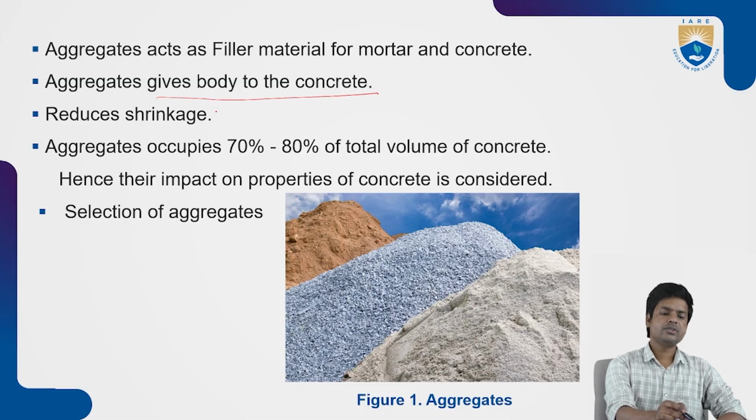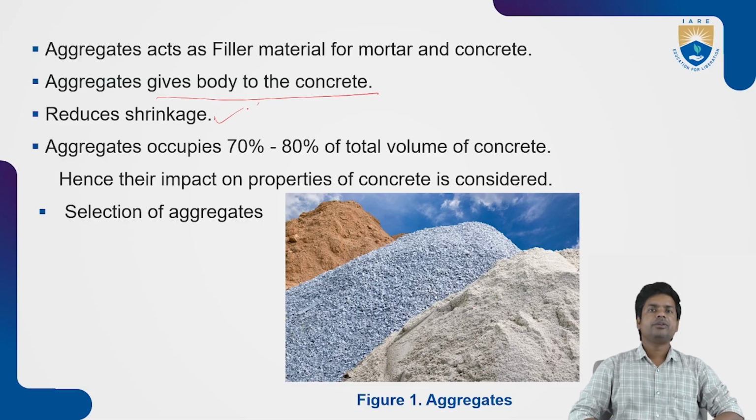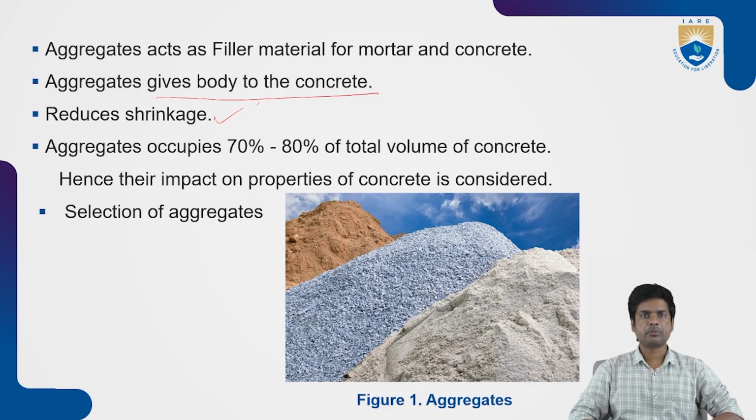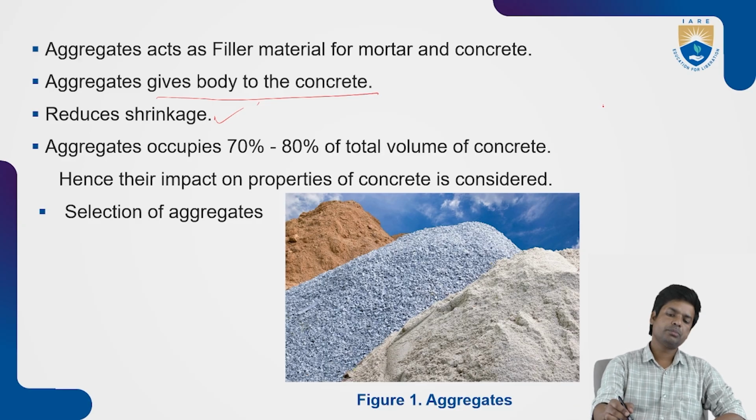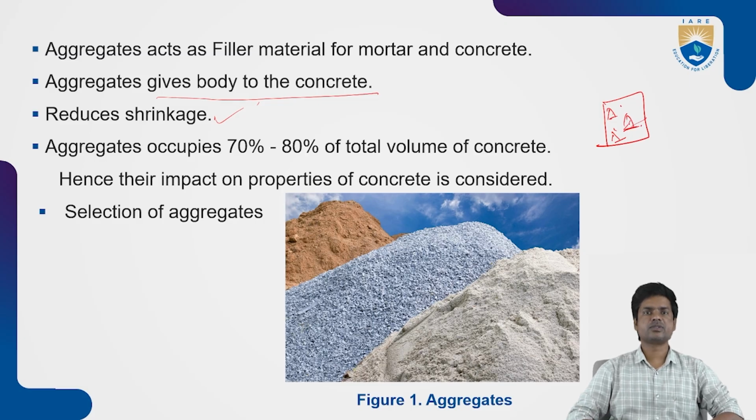And it reduces the shrinkage. If you use aggregates in the concrete, they are going to reduce the shrinkage property, because we use aggregates as a filler material instead of cement. If you reduce the cement content, automatically we can reduce the shrinkage, because the natural property of cement is that it shrinks whenever it reacts with water and forms a body.